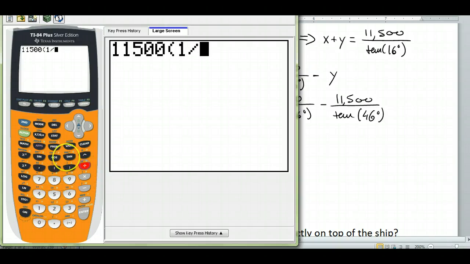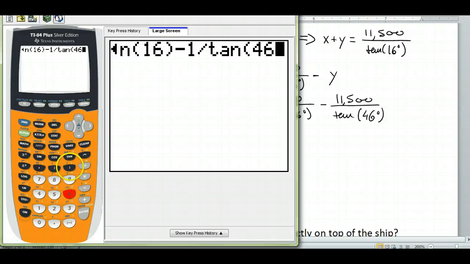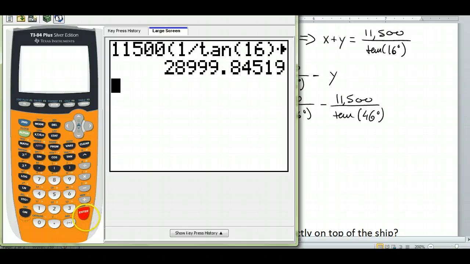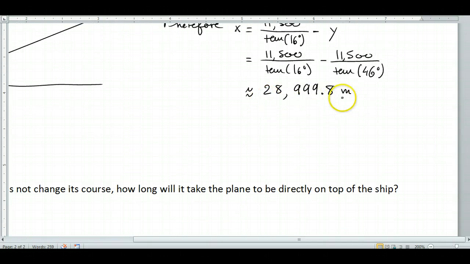Times 1 divided by the tangent of 16, minus 1 divided by the tangent of 46, and that is, okay, 28,999.8 meters. Alright, well, this is what the plane covers in 2 minutes.